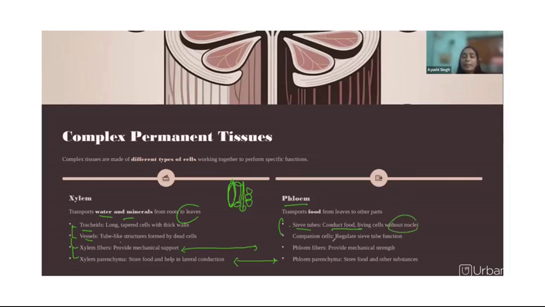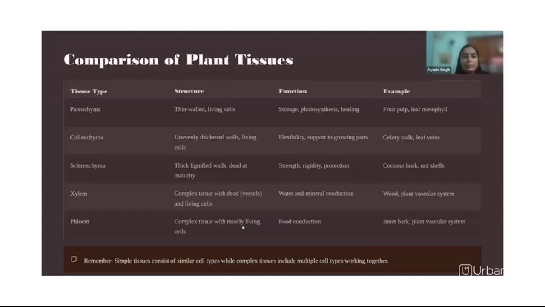And the second one is companion cells, which regulate the sieve tube function and help in the transportation of food. So again, in depth, we'll study how all these four components for xylem and the other four for phloem work together to make this complex permanent tissue and help the conduction of food and water.